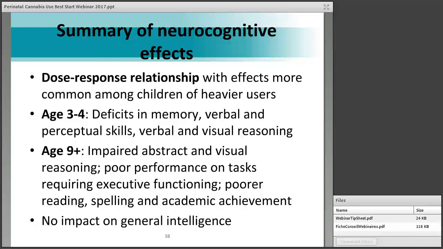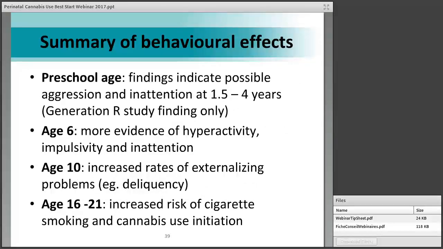As early as age 3 to 4, we can see changes in memory, verbal skills, verbal and visual reasoning. As they get older, there's poorer performance on tasks that require executive functioning. Executive functioning is the ability to really be organized and have higher level thinking. Some of these kids also have poorer reading, spelling, and academic achievement, but there was no impact on general intelligence, so the IQs weren't any different, but those high-level functions were being affected.